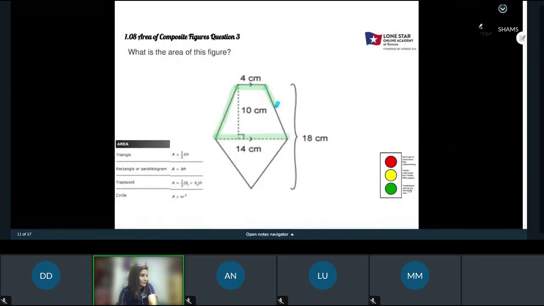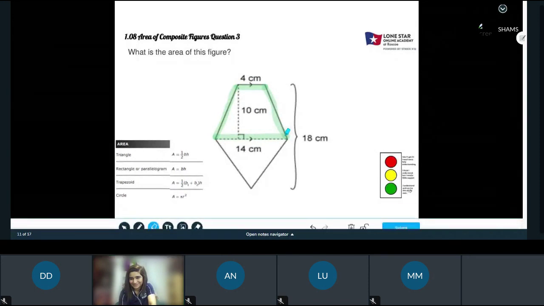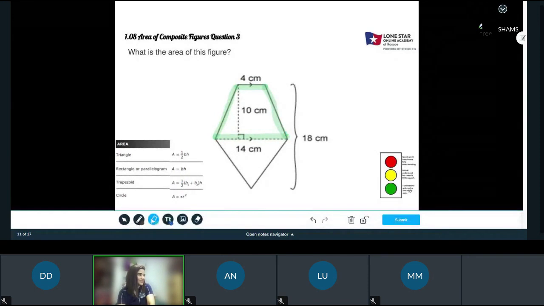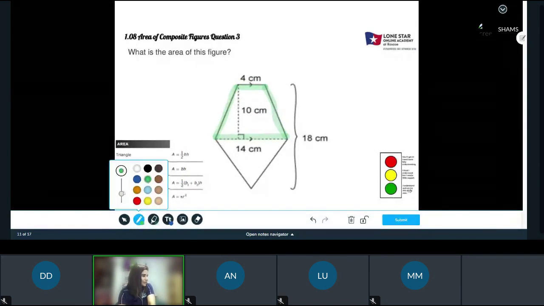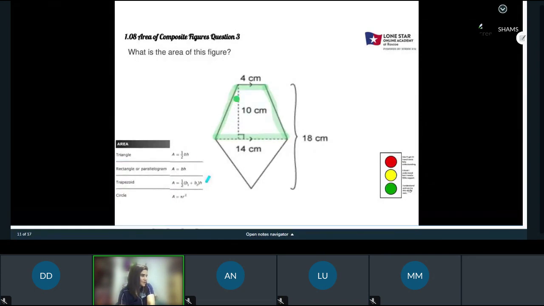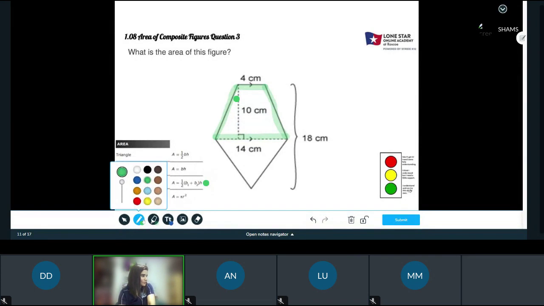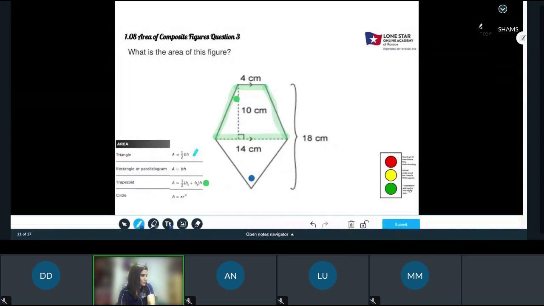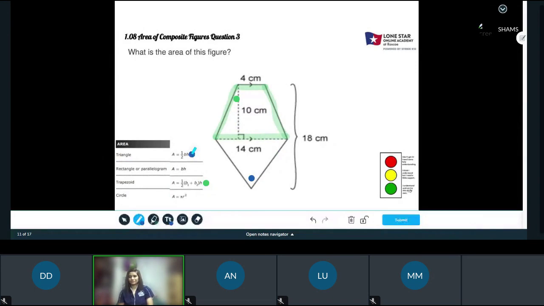What is the name of this green one that I am highlighting? Trapezoid. Very good. A trapezoid in green and a triangle at the bottom. Use the formula for the trapezoid's area, and at the bottom in blue is a triangle, so use the formula for the area of a triangle.